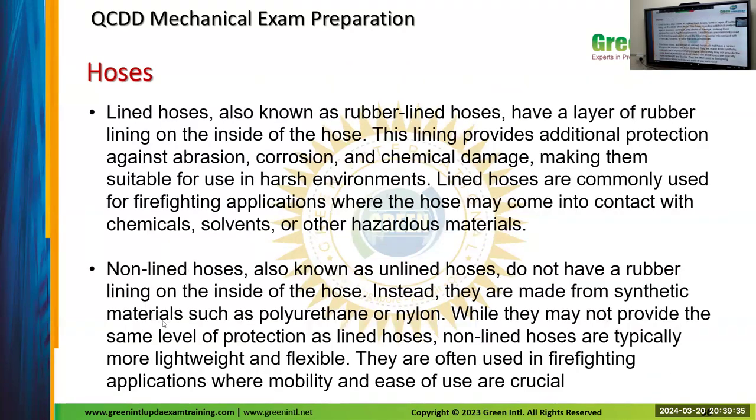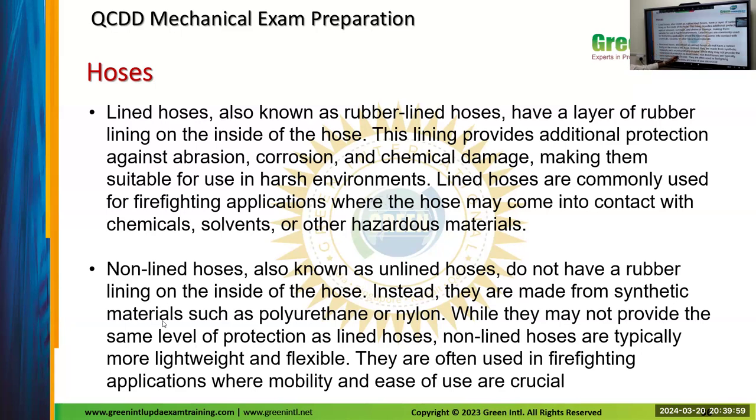Okay, hoses. There are two types of hoses: lined hoses and non-lined hoses. Here in Qatar, we are using only the lined hoses. Lined hoses protect against abrasion, corrosion, and chemical damage. Lined hoses are commonly used for fire department applications where the hoses may come in contact with chemical solvents and other hazardous materials.